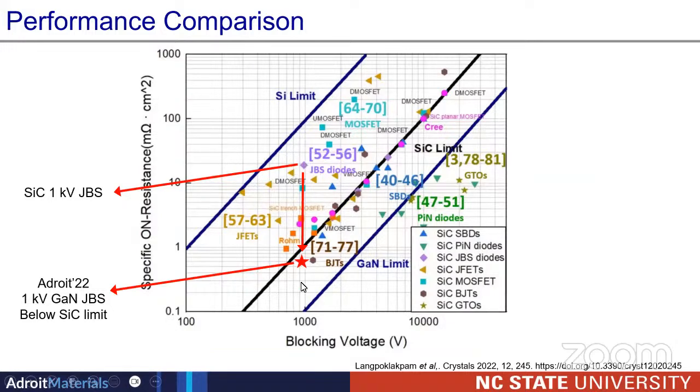You can see the current at around 950 or 1000 volt. The junction barrier Schottky diode using silicon carbide has an on resistance around 10 to 20 milliohm centimeter square, but our gallium nitride JBS diode had an on resistance of only 0.6 milliohm centimeter square. That is almost a 1 to 1.5 order of magnitude lower on resistance for the same breakdown voltage.